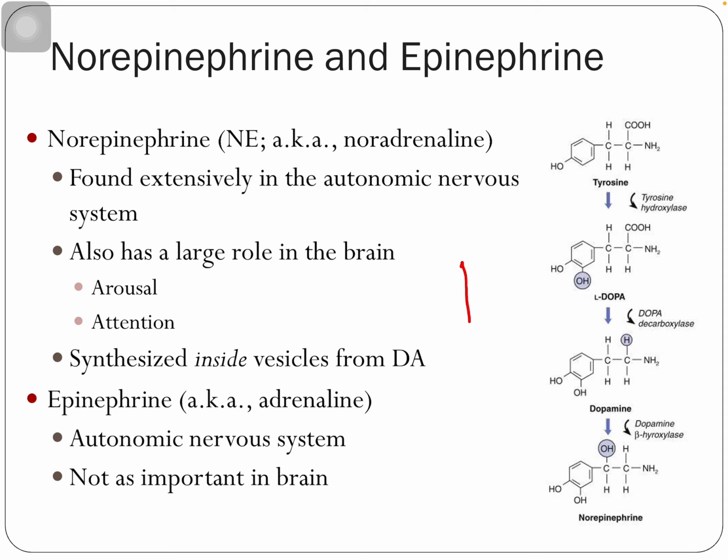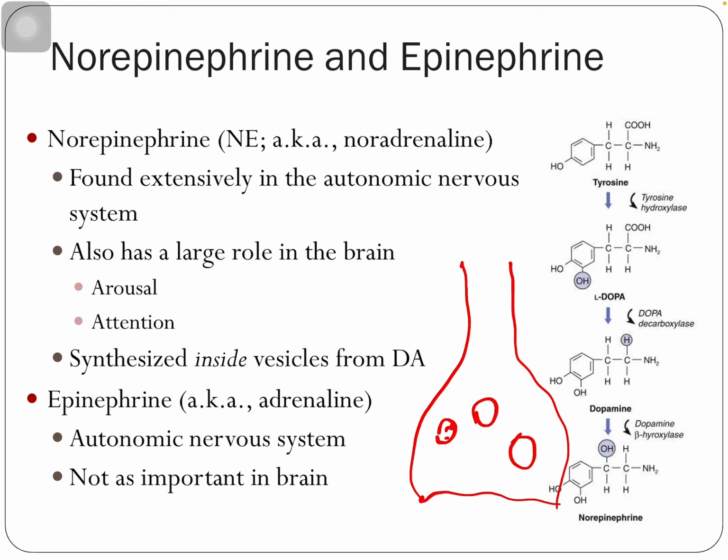And what we see here, when we're looking at a terminal button, for example, remember that the vesicles are these pockets of chemicals. Norepinephrine is actually synthesized inside the vesicles themselves. It's made in the vesicles from dopamine specifically.